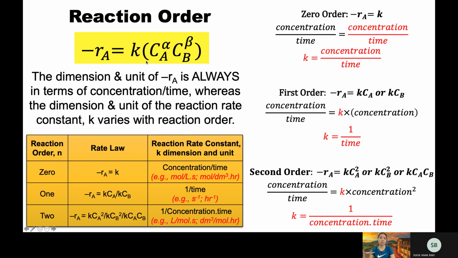So when we know how the K unit changes, or the dimension to be exact, what is the difference between unit and dimension? For example, dm cube is a unit, and its dimension is volume. The unit second has the dimension of time. So if we know the dimension of K, we can guess the reaction order, the alpha and beta.